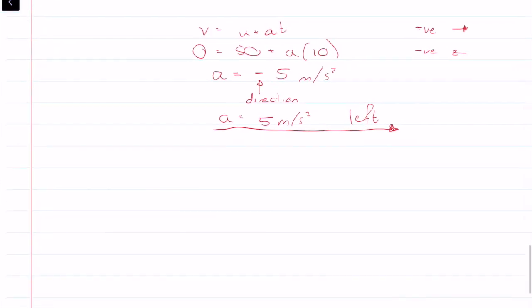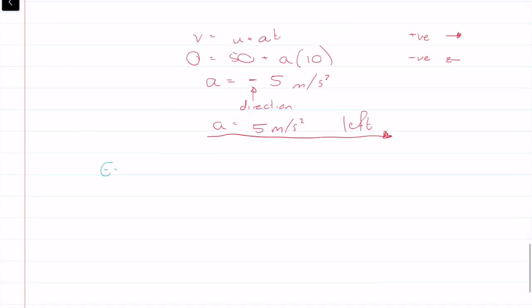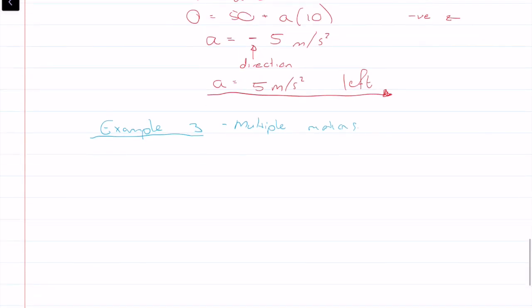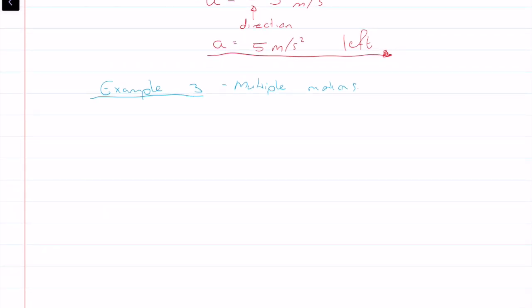Okay, so this is going to be example 3. Let's call this multiple motions. Let's say a bike is traveling right on a road from rest.